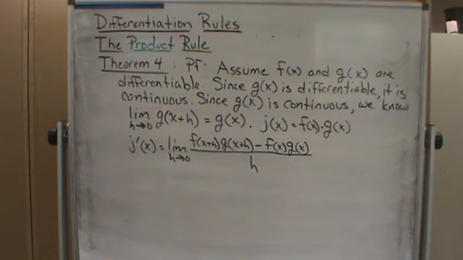Okay? And the reason why I'm doing this is because we're going to manipulate the numerator so that we can get something that we can split into a sum, right? Because we know our answer has to have a sum in it. So we've got to somehow get a sum in the numerator, and then we can split it apart. Okay?